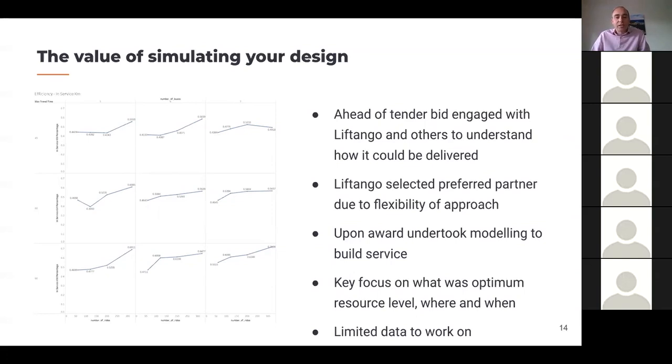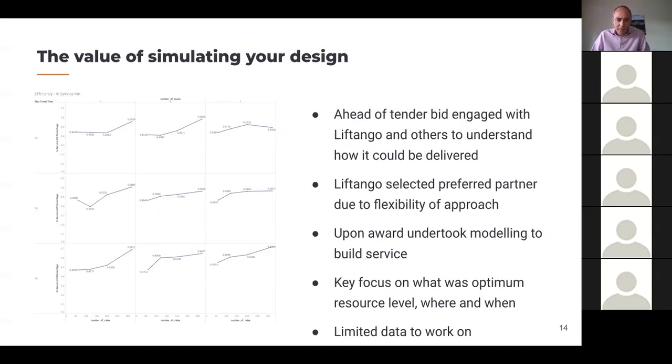Whilst it is a demand responsive service, there's also a key need to accommodate those that want to plan their journeys ahead, and we felt Liftango was most suitable to meet both of those requirements.